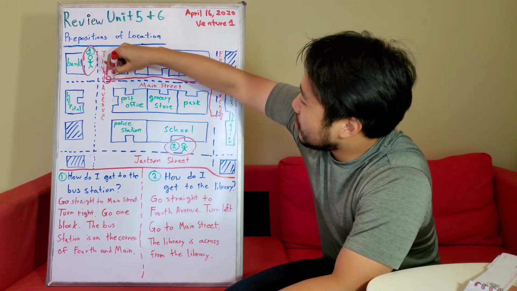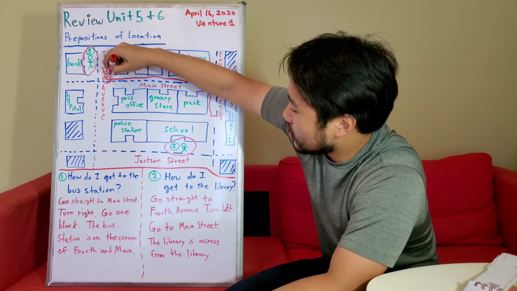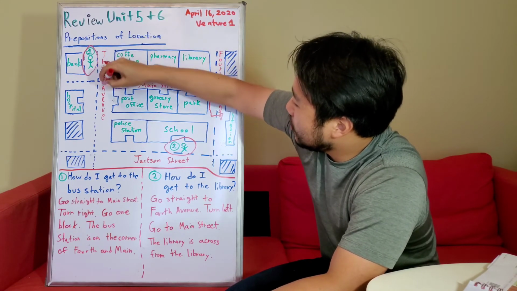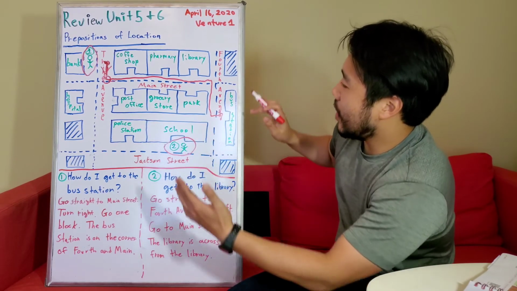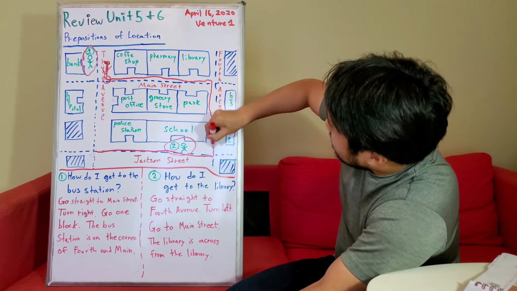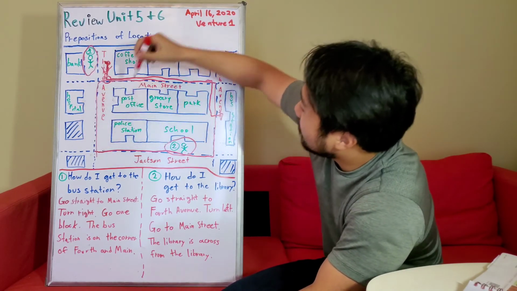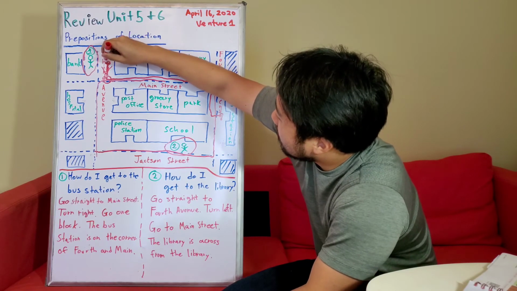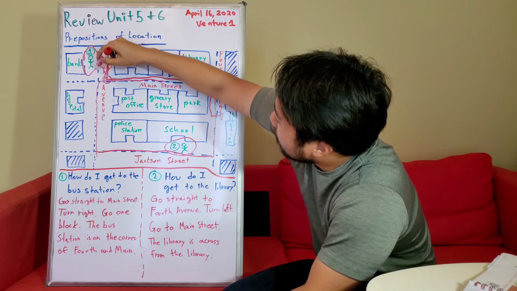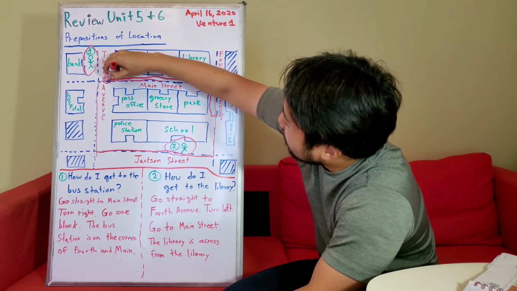And then from here, we have to tell them another direction, which is go 1 block. If you look at this map, this is a block. So go on Main Street, turn right, and go 1 block.